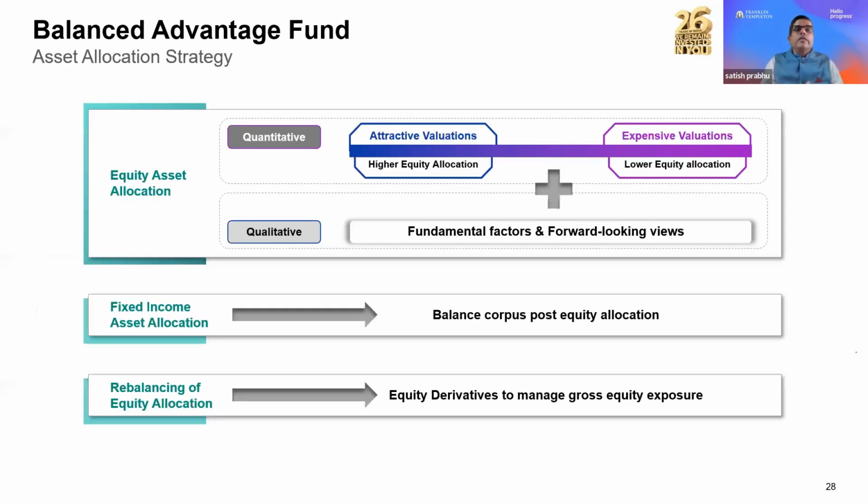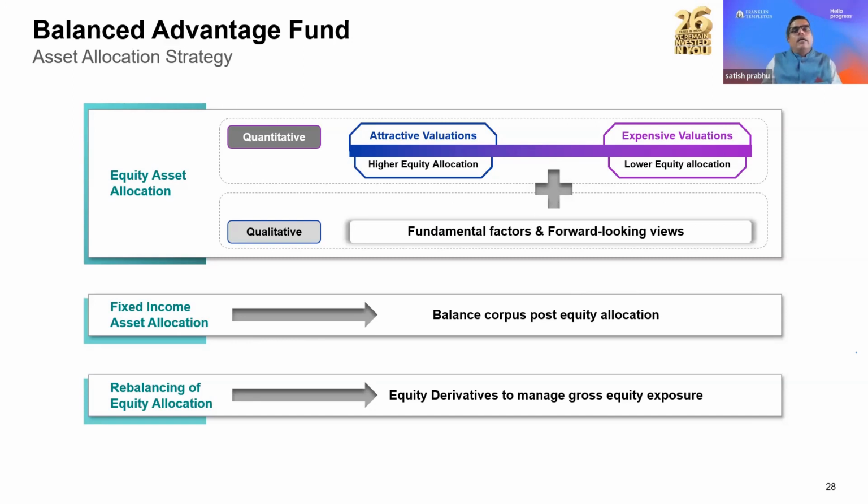So for which mutual funds have designed a fund called a balanced advantage fund. A balanced advantage fund helps you invest in equity and debt depending on the market situation. Now, what do I mean by market situation?